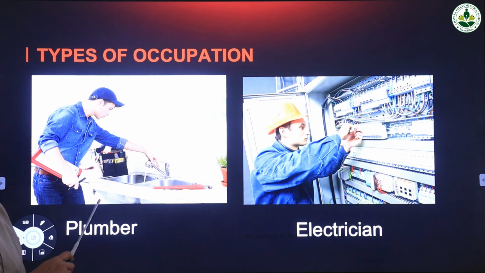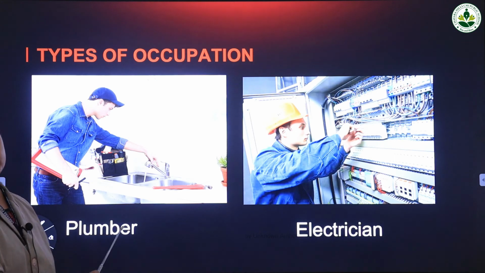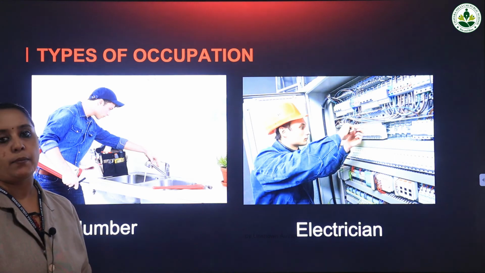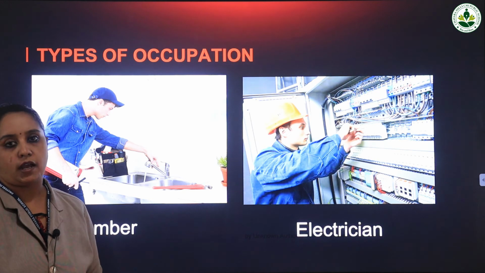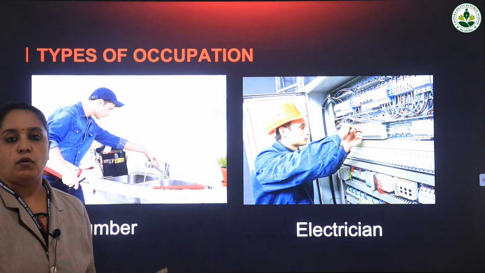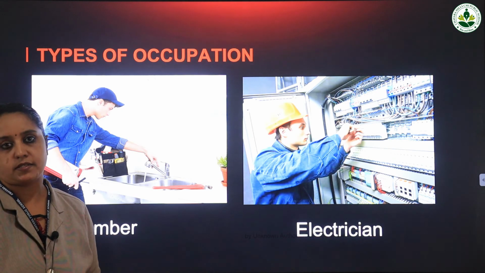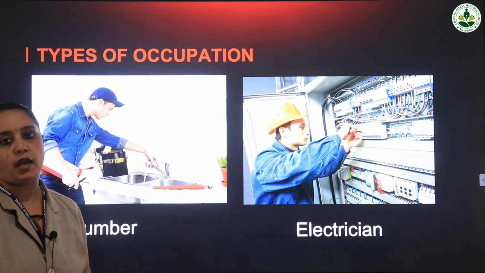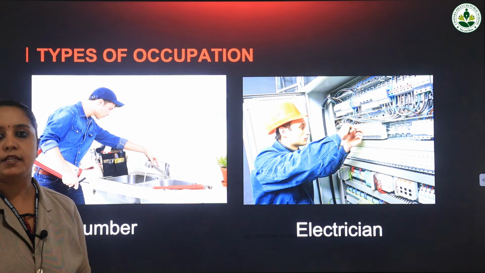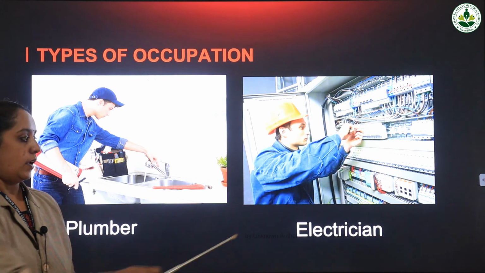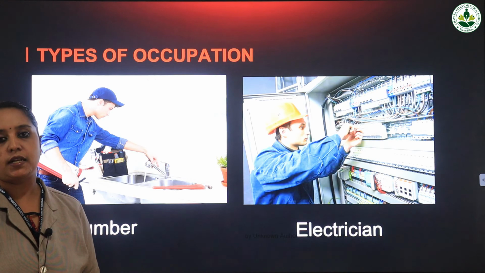Now here you can see a plumber. Who is a plumber? A plumber repairs the taps, all the things that require maintenance. So a plumber works on taps and other pipes, and he repairs all these things. Now you can see an electrician. Who is an electrician?